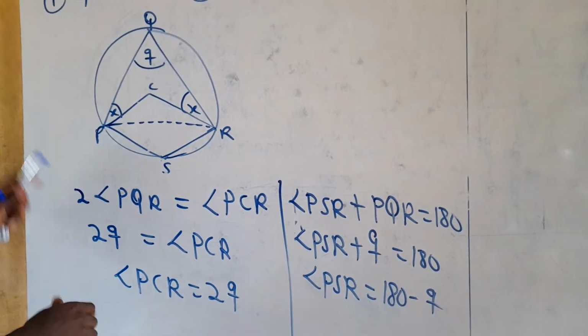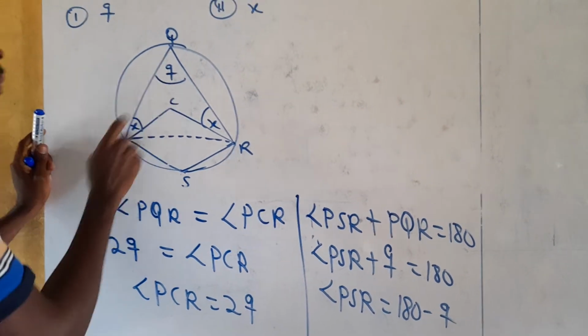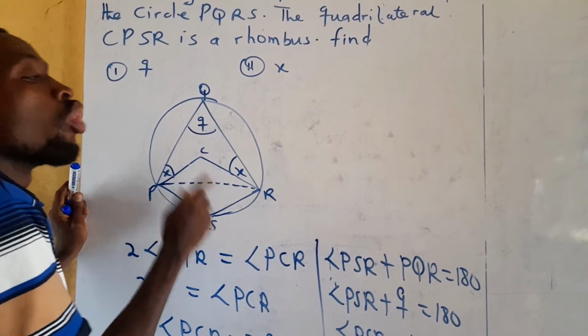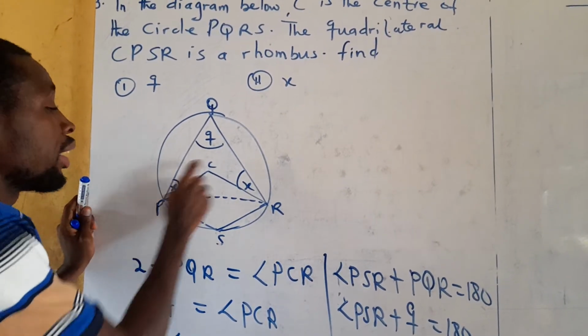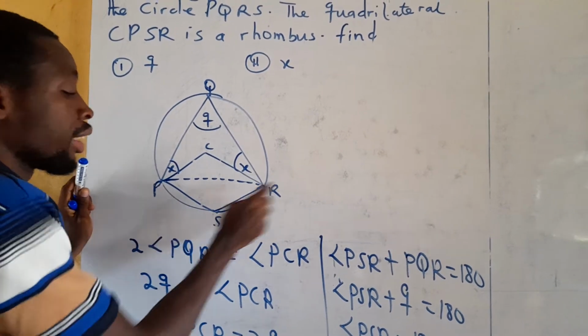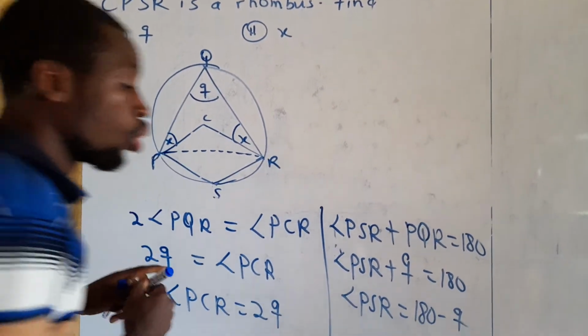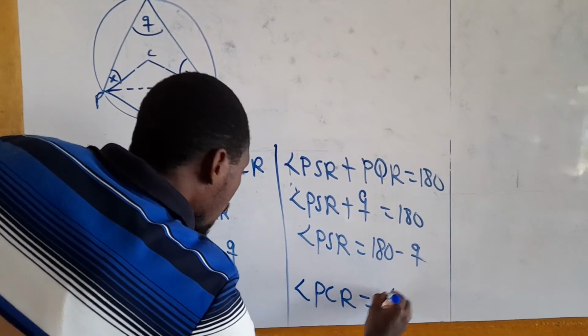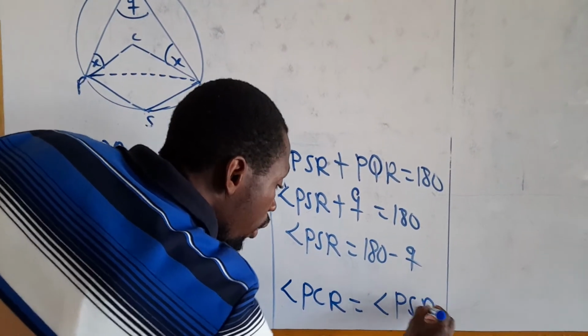And we said that if CPSR is a rhombus, then the opposite angles of a rhombus are equal. So we can say angle PCR, this angle, is equal to angle PSR.